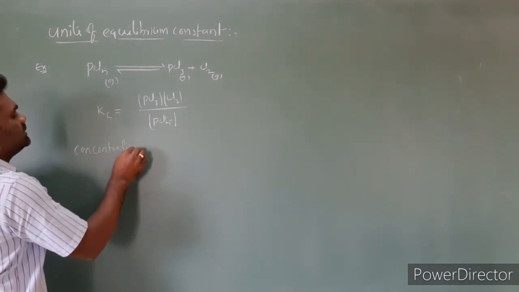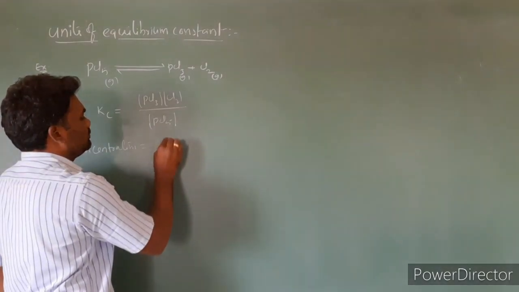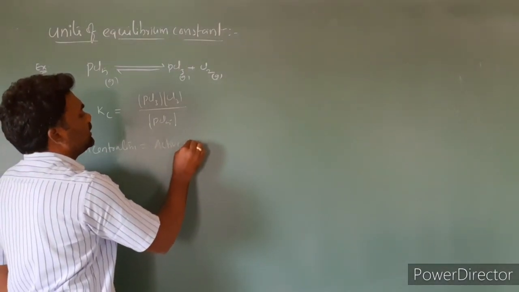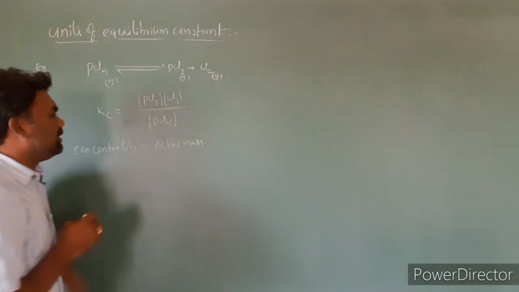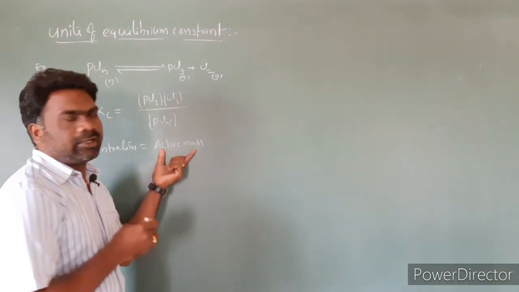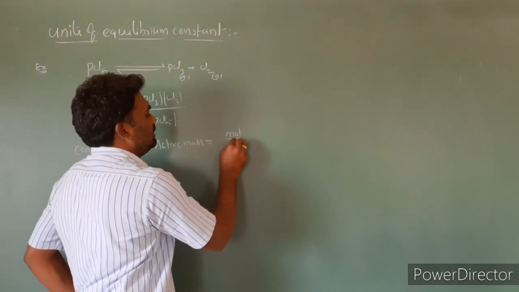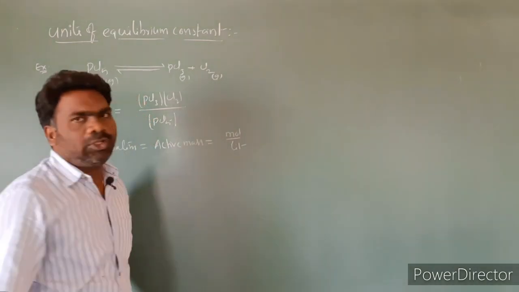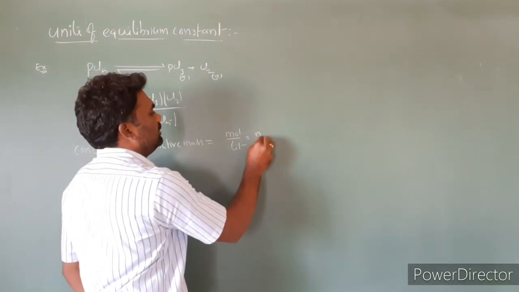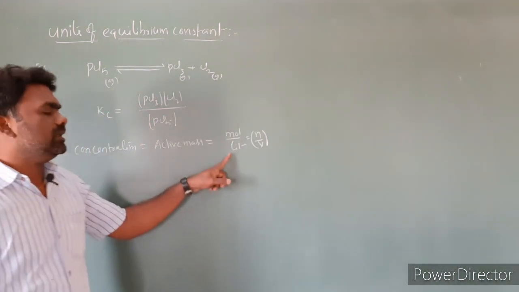Concentration is nothing but active mass. Earlier we were using active mass, now we are using the concentration. Concentration is nothing but mole per liter, that is equal to n by V.